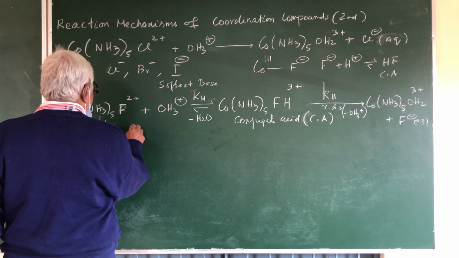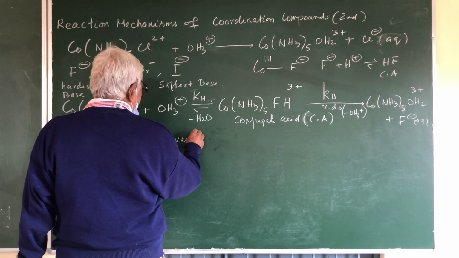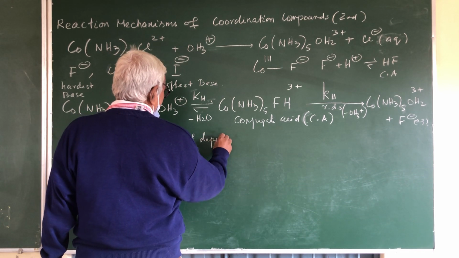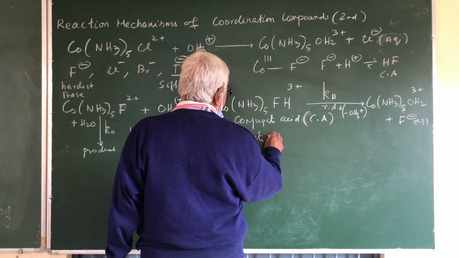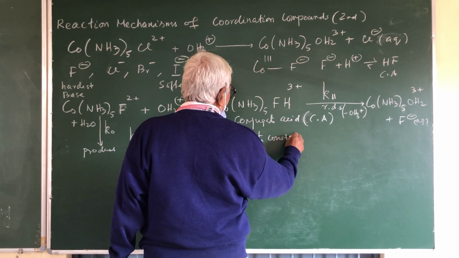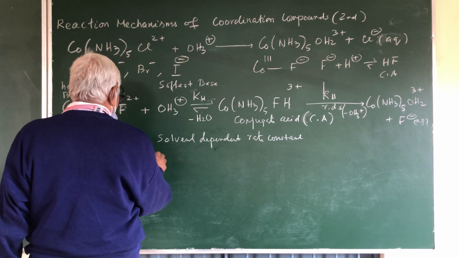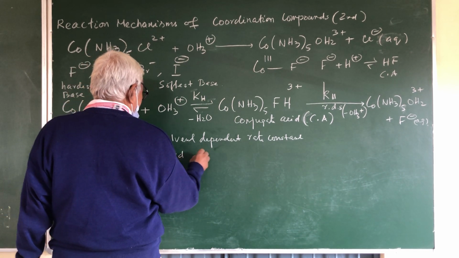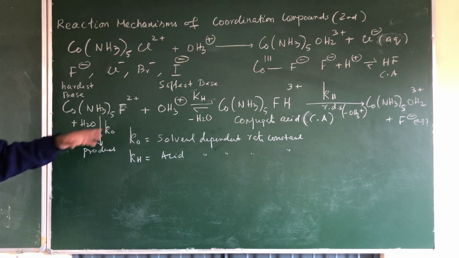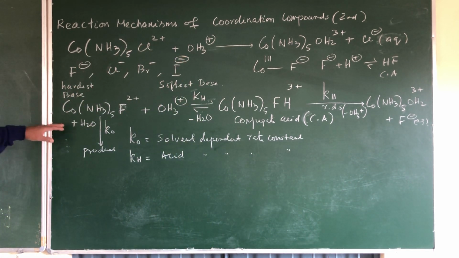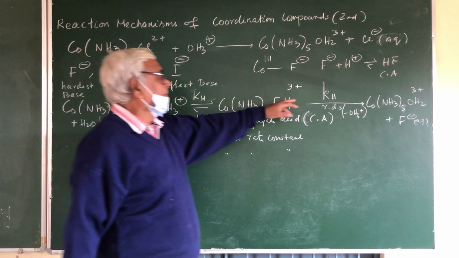What is K0? K0 is solvent dependent rate constant. And K is acid dependent rate constant. So a mechanism can be like this. It may have solvent dependent path and acid dependent path.